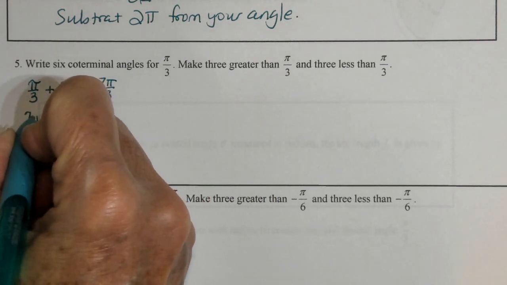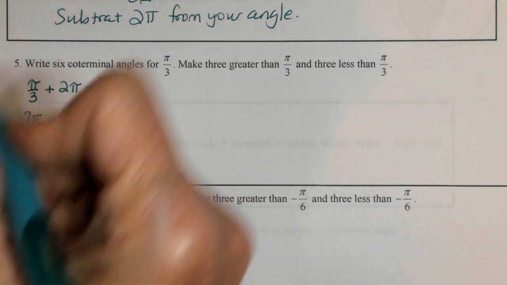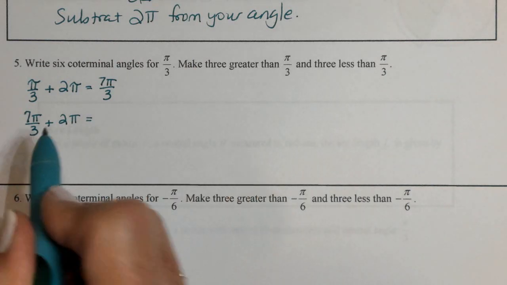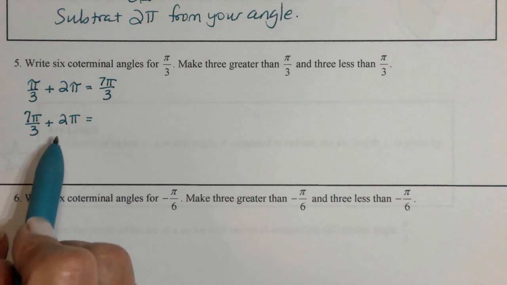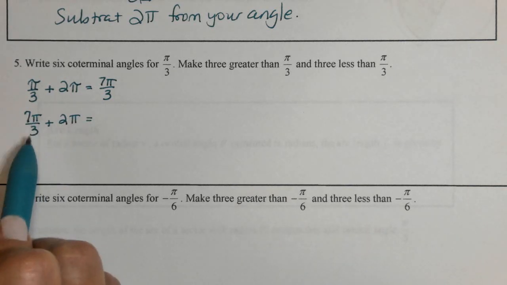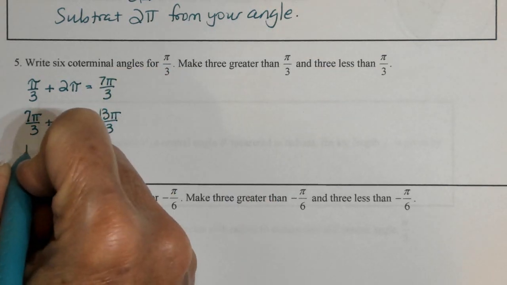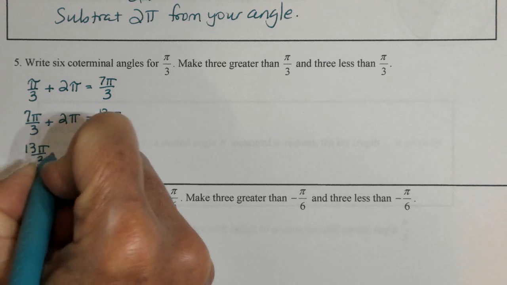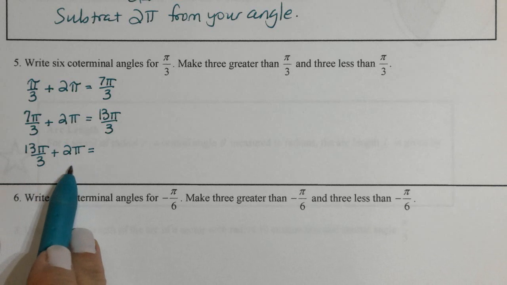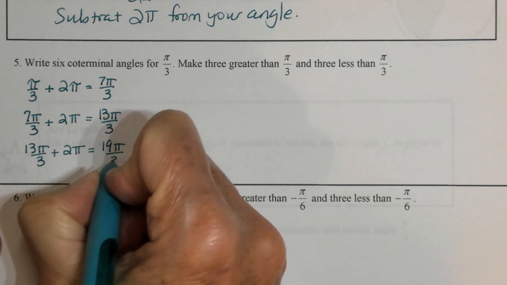Now I'm going to take that and add another 2 pi. Aunt Vi is going around and around her route. So we're going to add another 2 pi. 2 pi is 6 pi over 3. 6 pi over 3 plus 7 pi over 3 is 13 pi over 3. Take 13 pi over 3 and add another 2 pi. 6 pi over 3 plus 13 pi over 3 is 19 pi over 3.